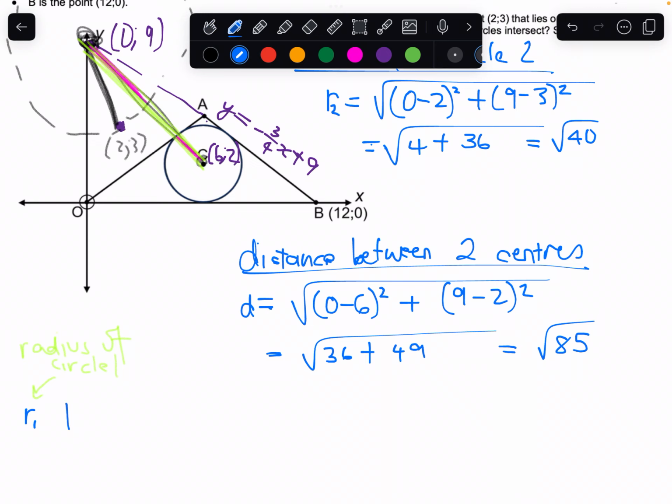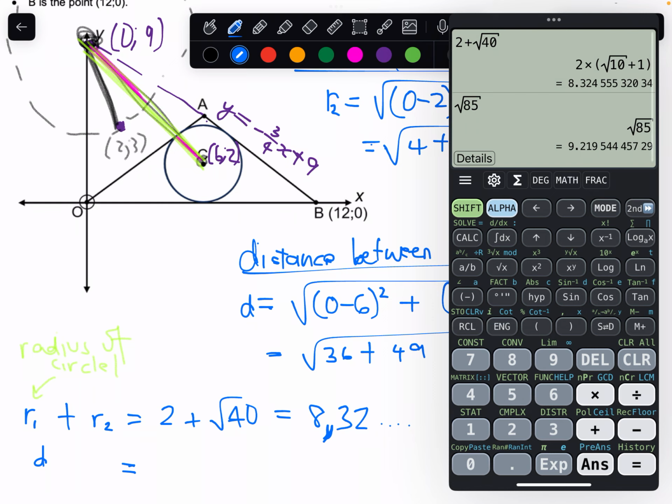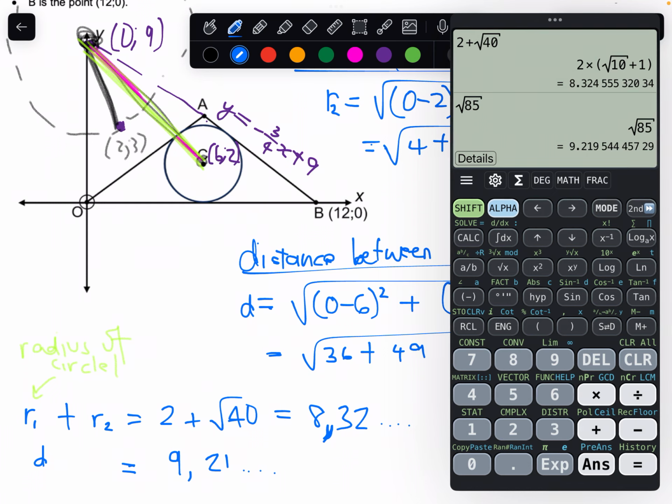So R1 plus R2 is equal to 2 plus root 40, and let's work out what that is. 2 plus root 40 is 8.32, blah blah blah, and the distance between the two centers is the square root of 85, which is 9.21, blah blah blah.